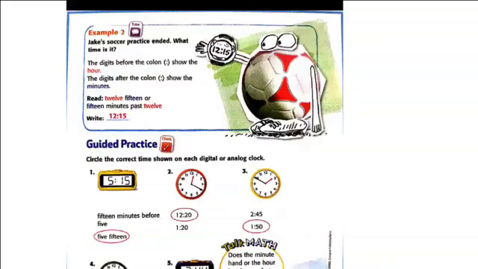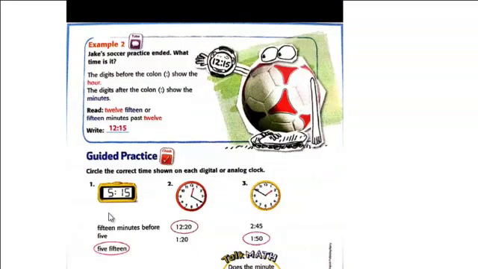First, open your book with number 660. Guided practice. Circle the correct time shown on each digital or analog clock. Example number 1. This shows the time in numbers.